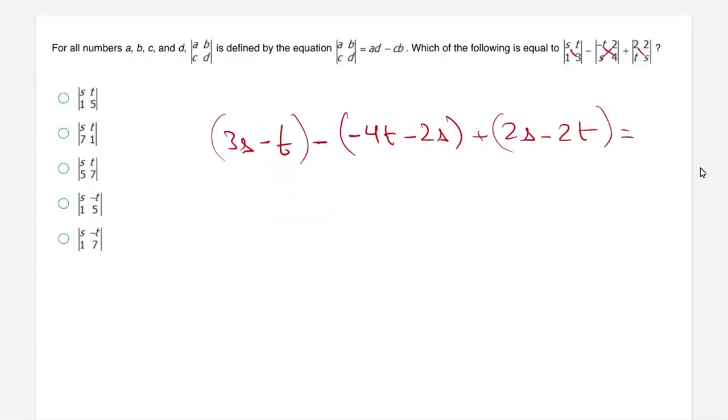Okay, I'll take the parentheses: minus minus is plus, and plus. Is that okay? Look. Plus and plus.